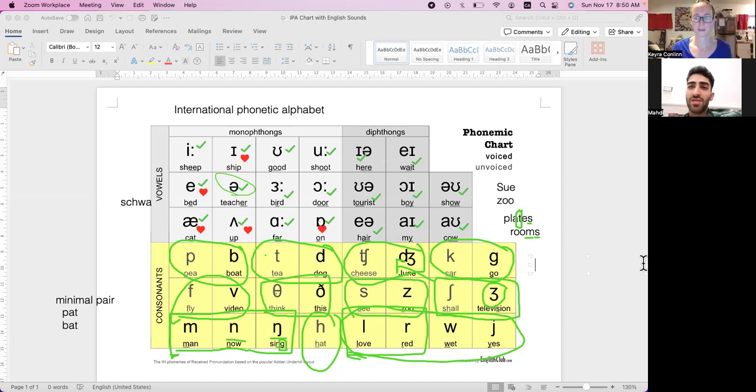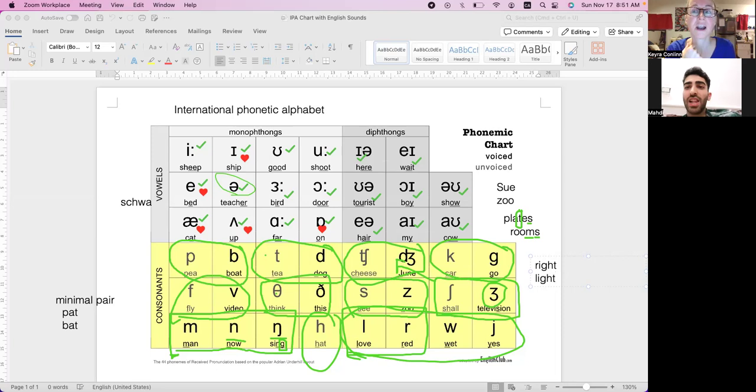So here we have a lot of minimal pairs, like these two words. Light, and right. Notice the shape of the mouth.